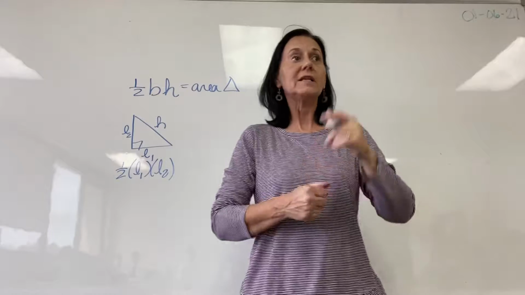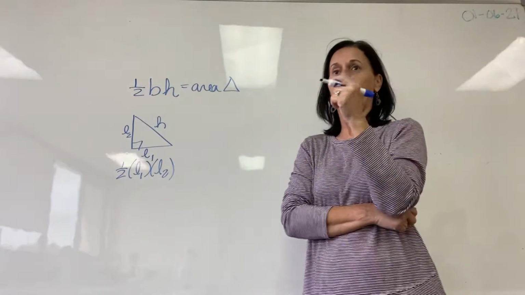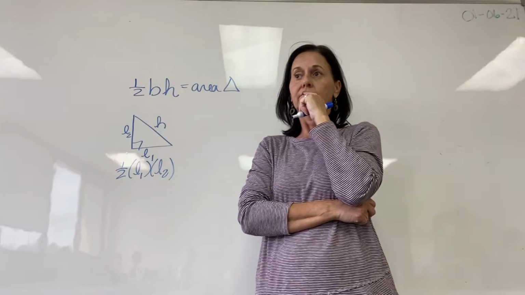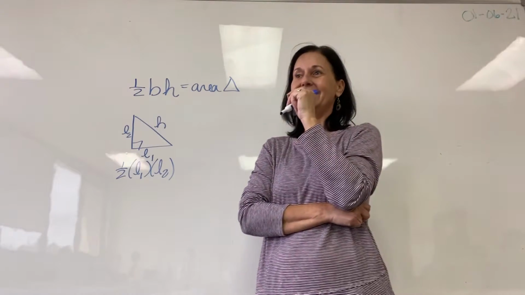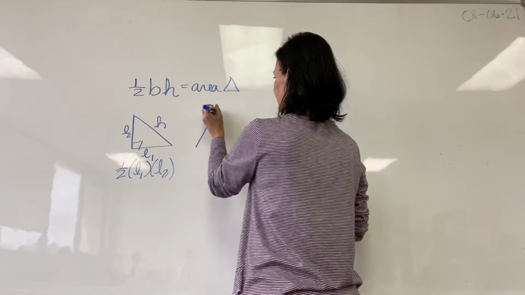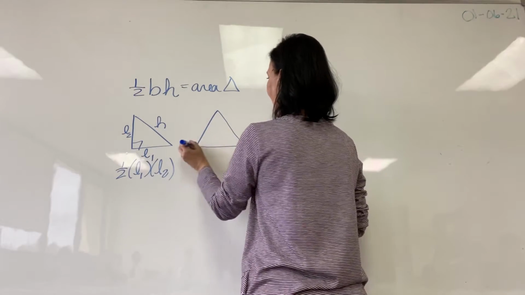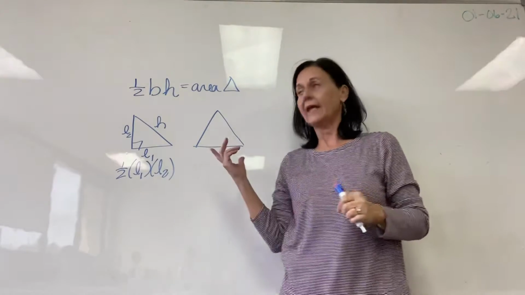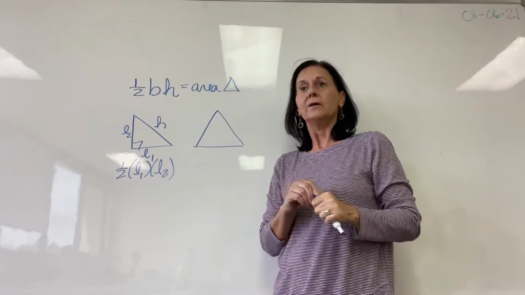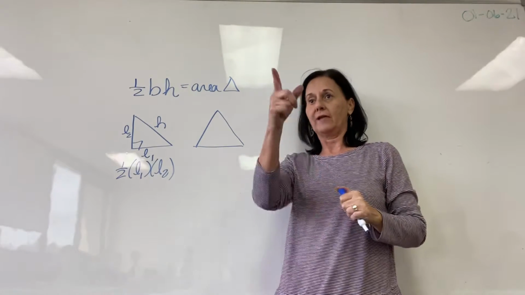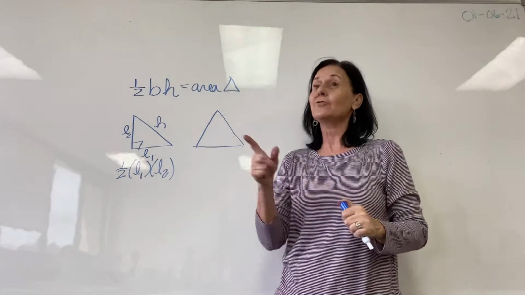All right. What's another type of triangle that we have? Yes, Dylan? Isosceles. We have an isosceles. When we have an isosceles, looking at that triangle, what would be another name for this triangle? Yes? An acute triangle. It's an acute triangle.